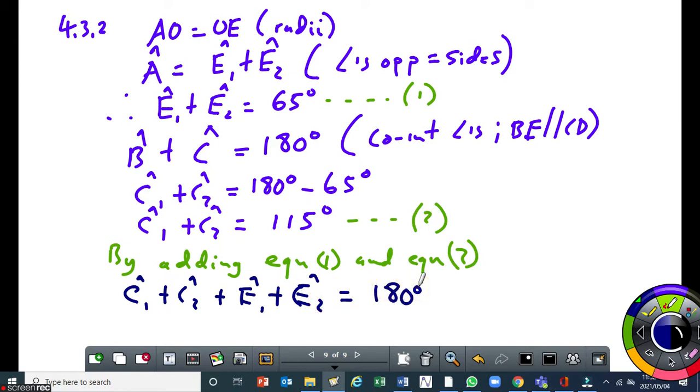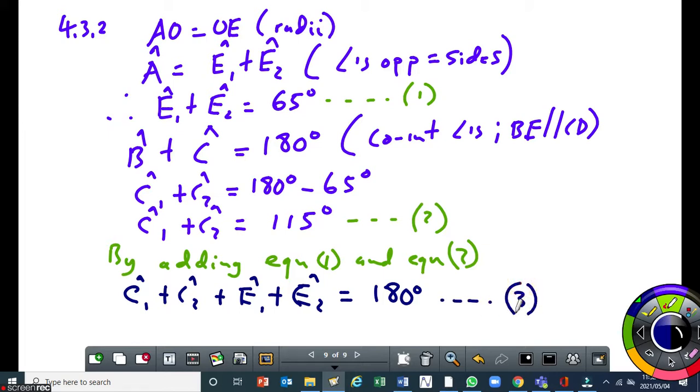Because 65 plus 115 will give me 180. Don't forget, the objective is to prove that angle E1 is equal to angle E3. So I now have this equation, I can call it equation 3.